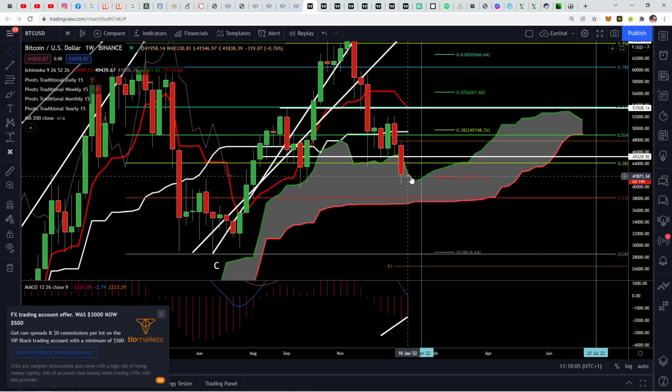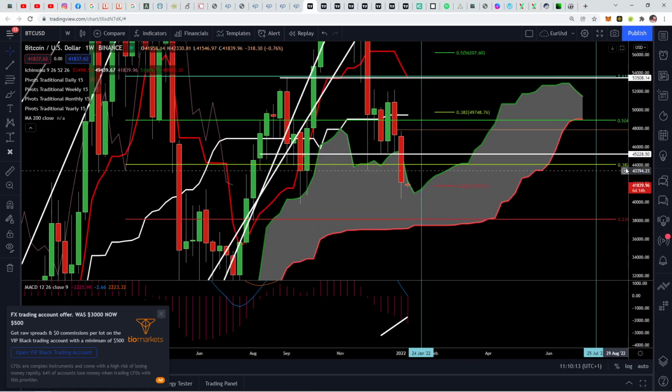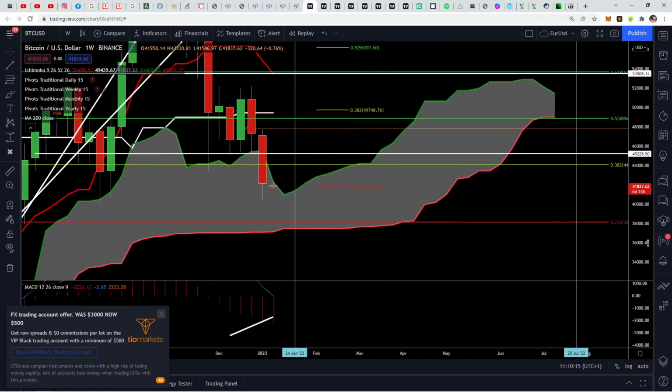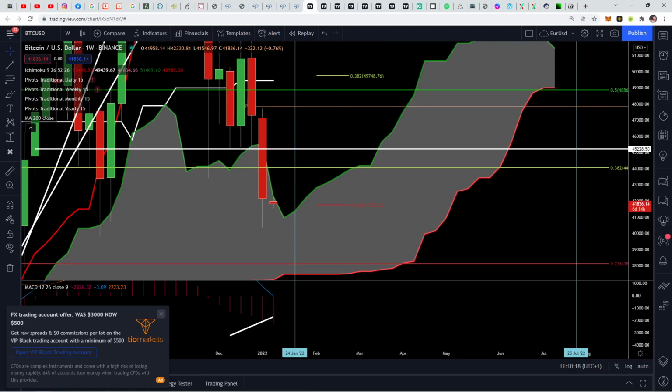So if we start with the close here next week coming up, it's this little candle here. You can see it's just barely moving from the opening. So you can see it was up here and tested the green line, the upper cloud, but didn't feel like breaking out.